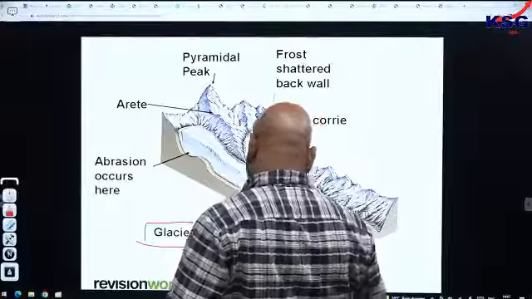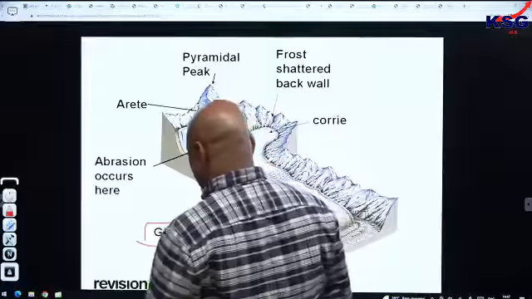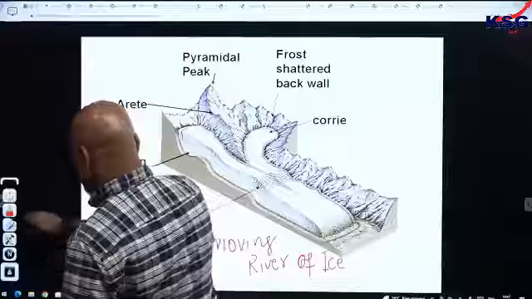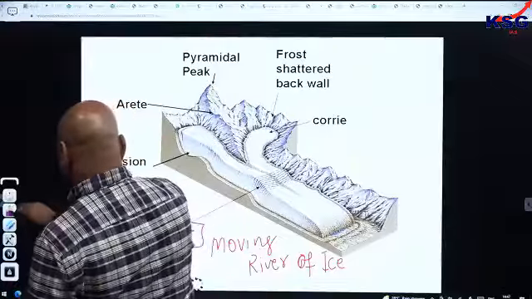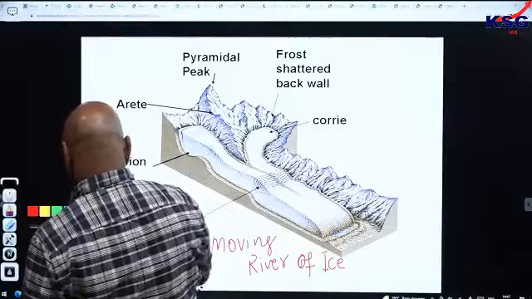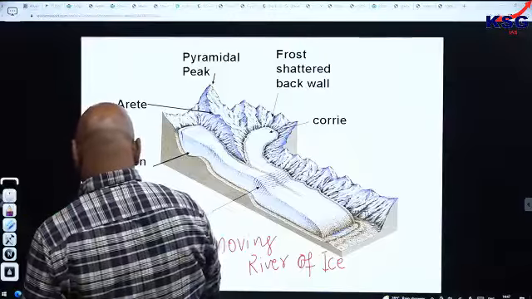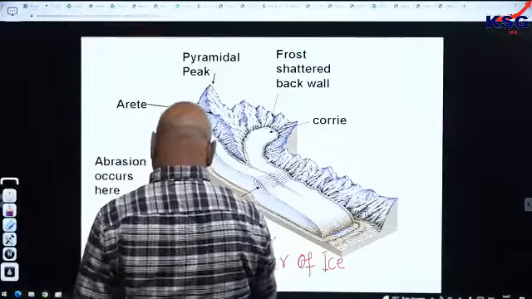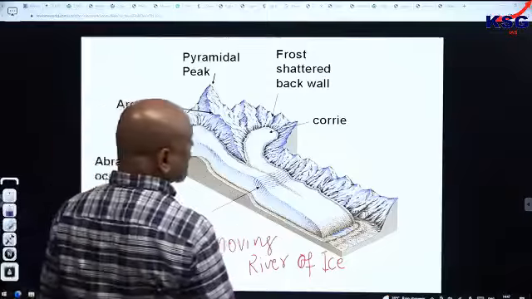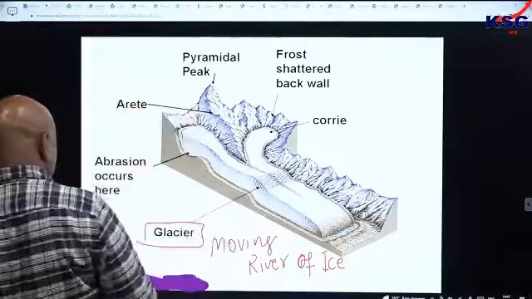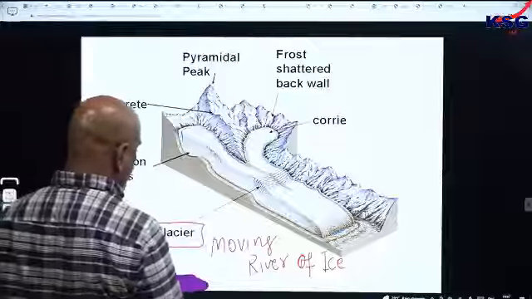Glacier is the moving river of ice. See here how it is gradually taking all these things.